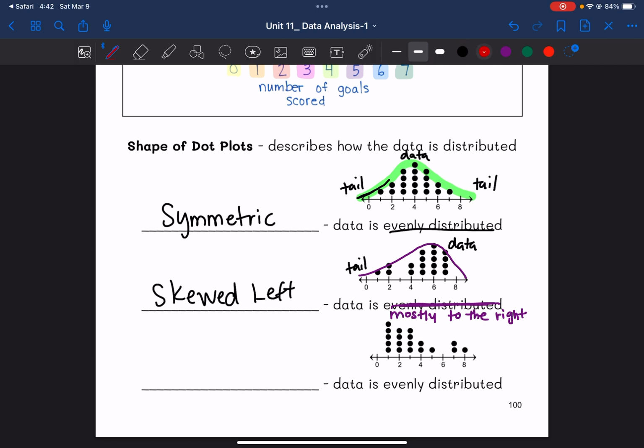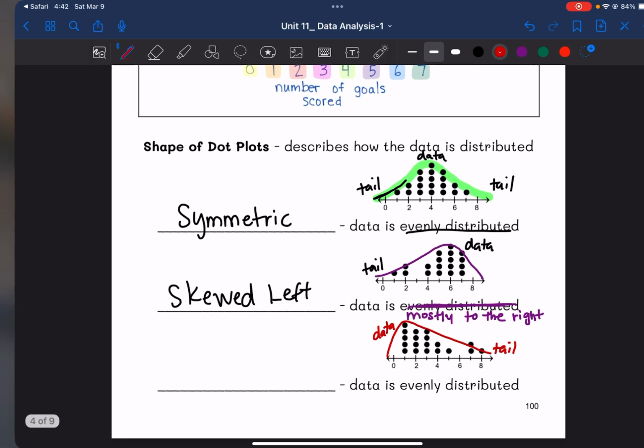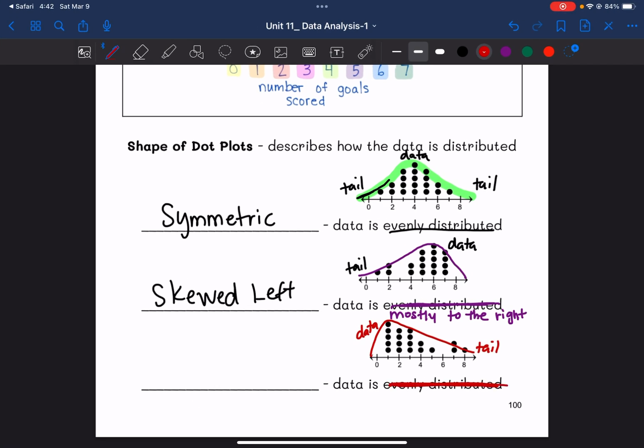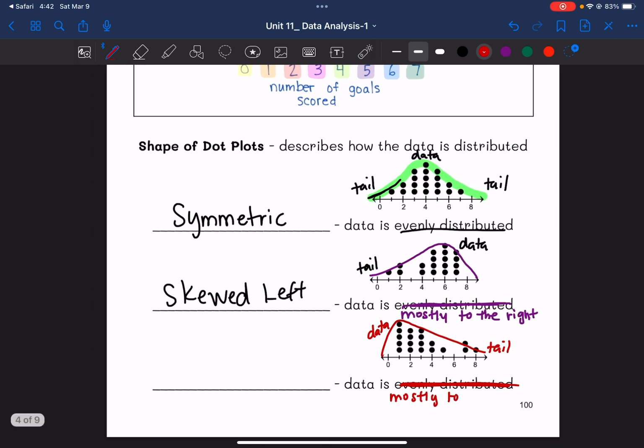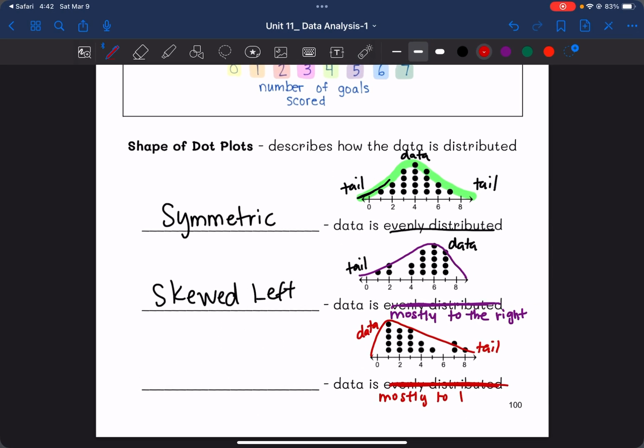The last one, if I trace the data like this, the data is more towards the left and the tail is towards the right. Okay, it's not evenly distributed. Okay, data is mostly to the left.